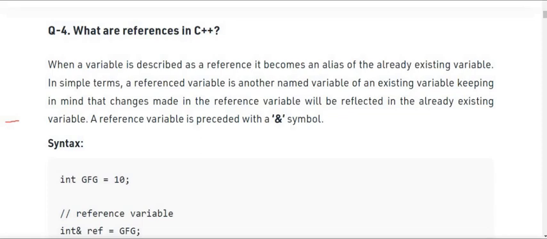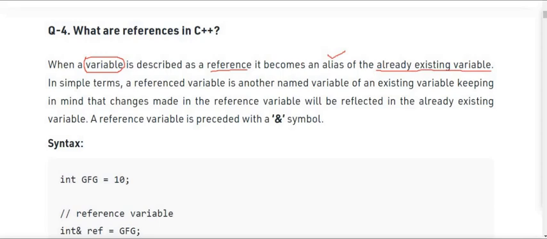So basically, when a variable is described as a reference, it becomes an alias of an already existing variable.